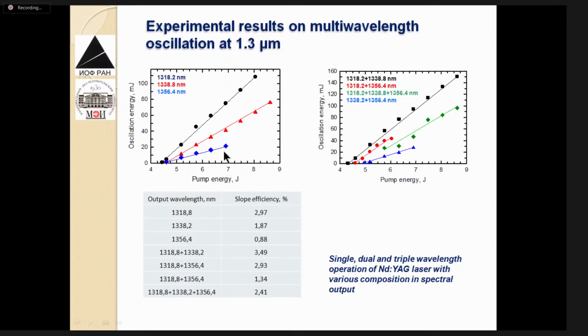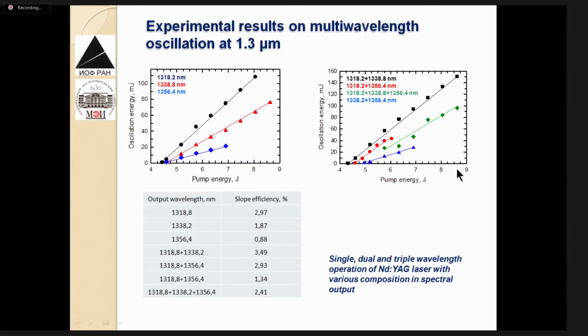This is the efficiency of just the single wavelength operation, and this is the efficiency of the dual wavelength operation. You can see that the most efficient case is to obtain the 1318 and 1338. Of course, they have much higher emission cross-section, and that's why it has much more intense energy.